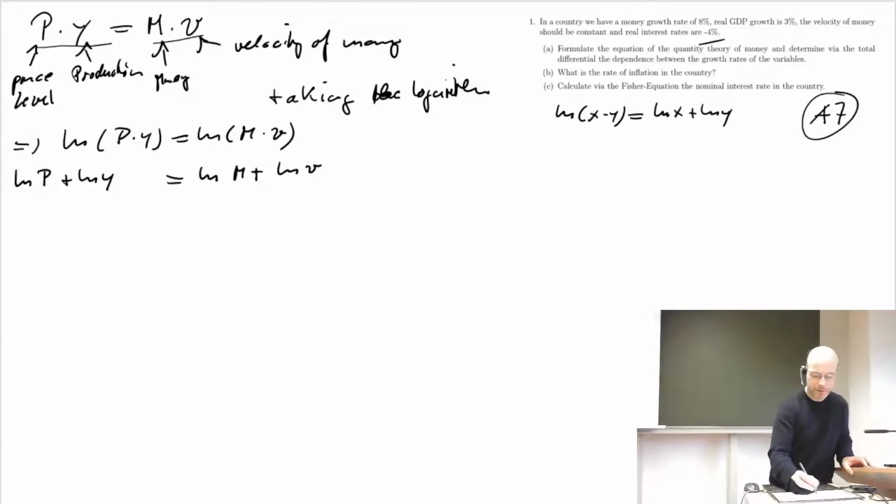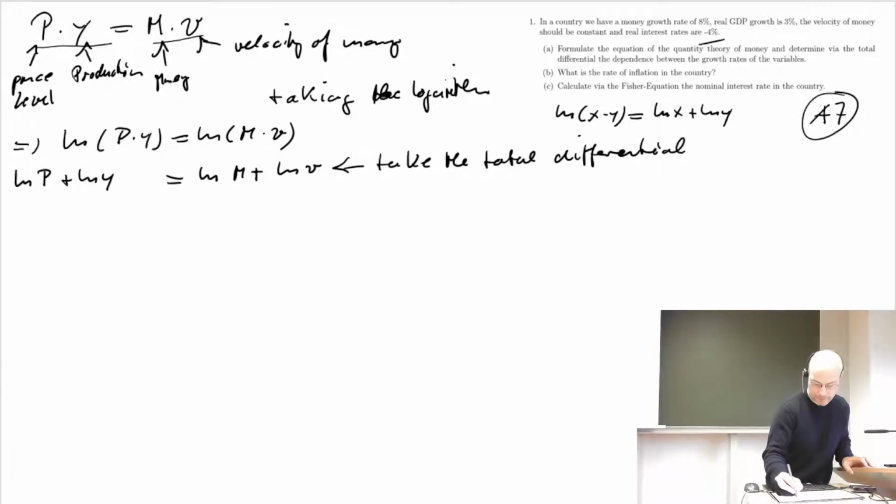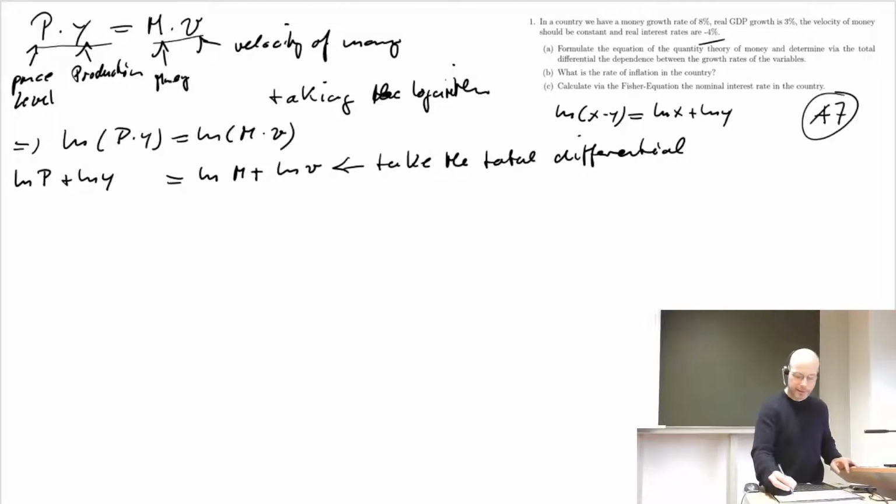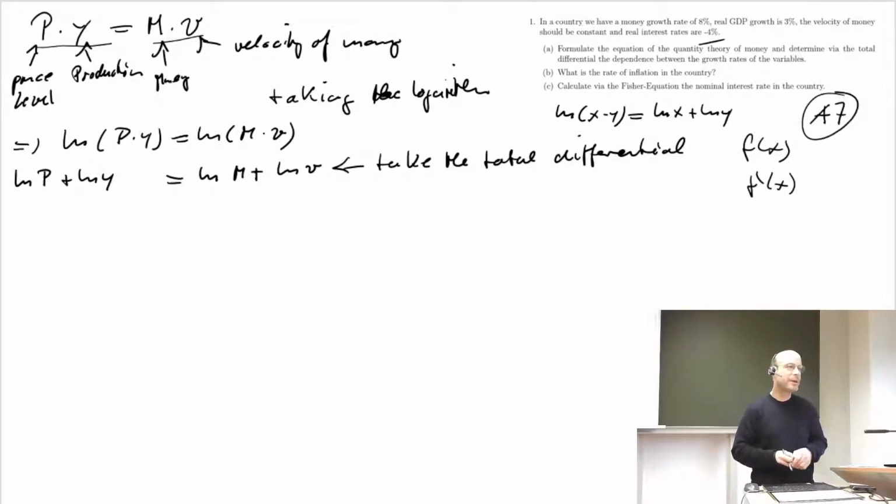And then we take the total differential, and this is something like a general derivative. I think mostly in school you always take f of x and then f prime of x as a derivative. But of course in economics we mostly have to deal with models where we have more than one variable.